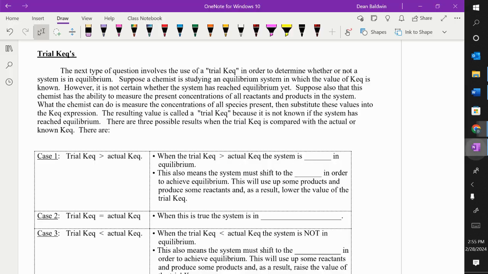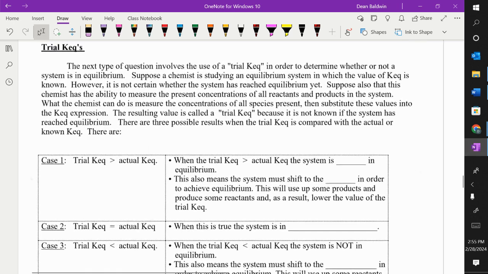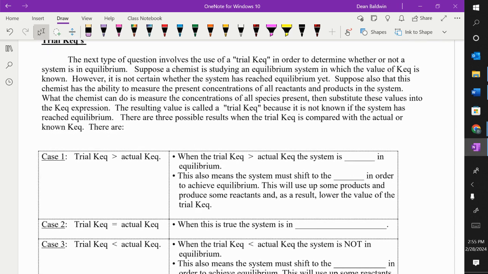All right. So how do you know if a system is at equilibrium? Okay. So this is where trial KEQs come into play. If you know what the KEQ for the reaction is at a certain temperature, you can determine if you are at equilibrium by calculating what is called the trial KEQ.